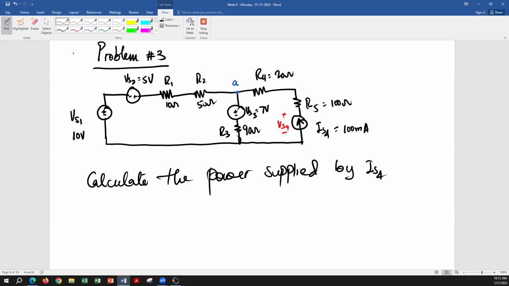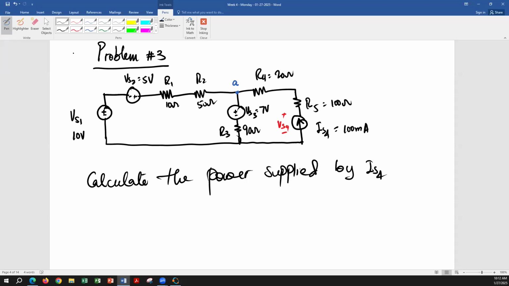So again, your call, whichever way you wanna go. Both of them are very easy, but you have to establish how you're going to do it. Your goal is to find VS4. And you can find VS4 if you know VA, or if you know the voltage across VS3 and 90 ohm, which is VA, whichever way you want.